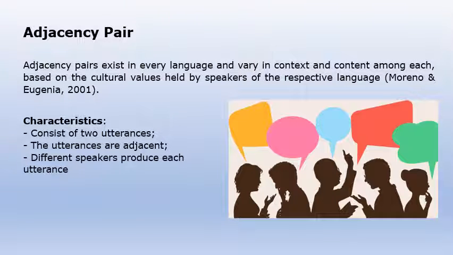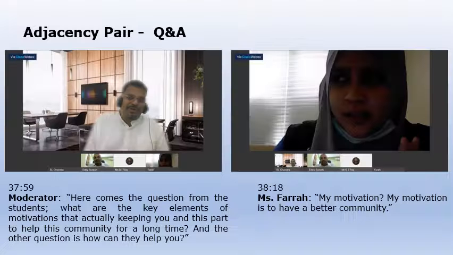Adjacency pairs typically have three characteristics. They consist of two utterances. The utterances are adjacent, that is, the first immediately follows the second, and each pair is spoken by a different person. In the context of this webinar, I found many adjacency pairs occur. As we all know, a webinar is all about the discussion on a certain topic, so there must be a lot of questions and answers during the conversation.